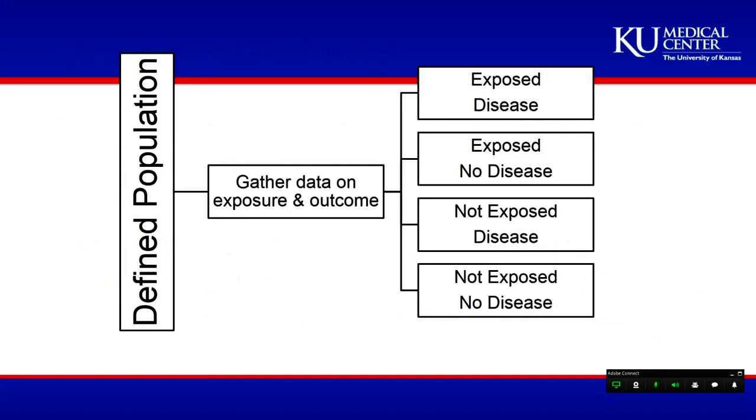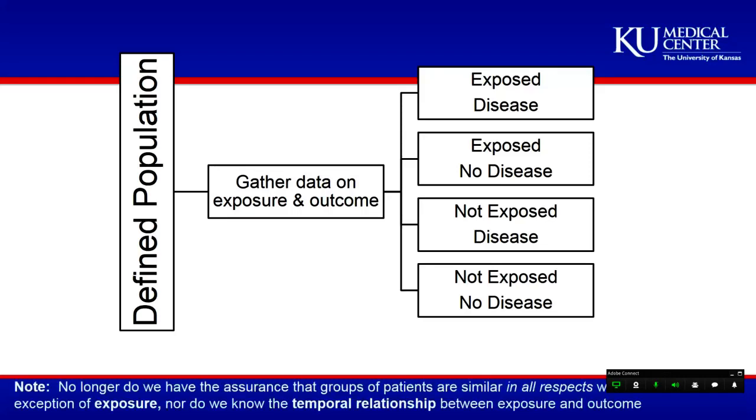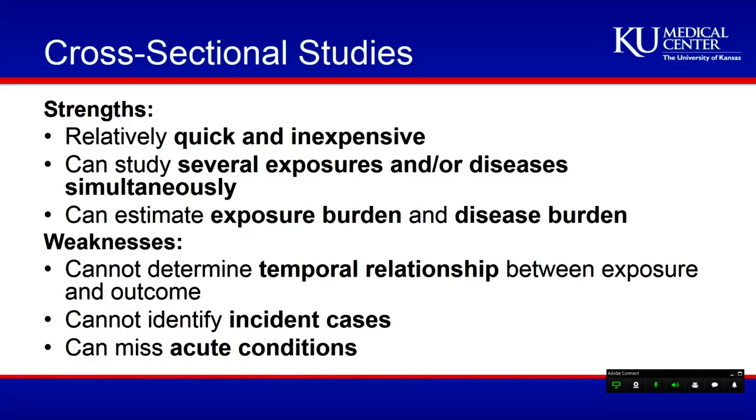Notice it looks like a cohort study or a randomized controlled trial, but there's no time. Time has been removed here. Everything occurs, not simultaneously, it's just that we don't necessarily know the particular timing of exposure and outcome. The strengths of cross-sectional studies: these are facts.